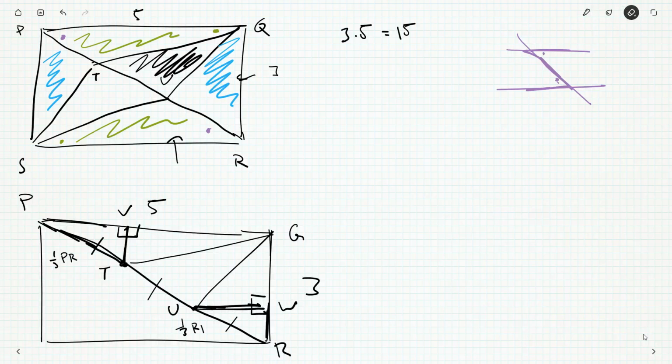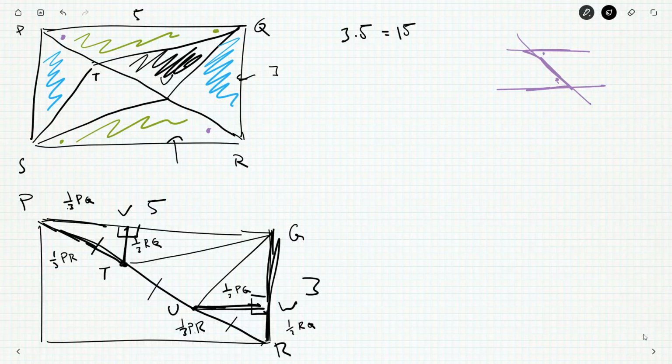Now, because these are similar triangles, the ratios of their sides are going to be the same. So this side, RW, which is similar to the big side RQ, is going to be a length of 1/3 of RQ. Same with this length here. And we're also going to get 1/3 of PQ and 1/3 of PQ here.